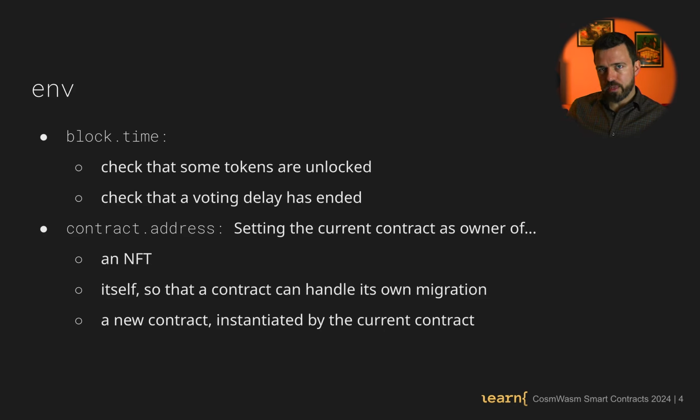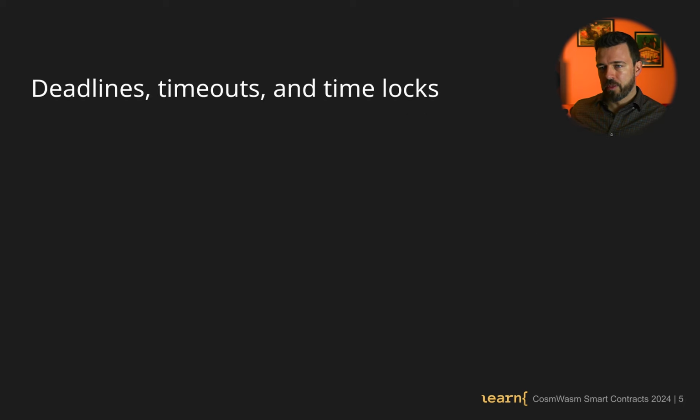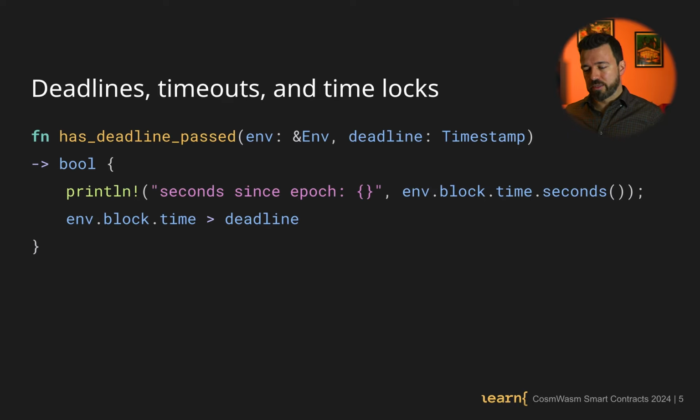Code admin becomes a little bit less restrictive, since usually it has to be a single address or a multi-sig address, you can make it a contract address. And to get the address of the current contract you're running, whether you're instantiating it or executing it, you call env's contract.address. But much more common than contract address is deadlines, timeouts, and time locks using block.time.